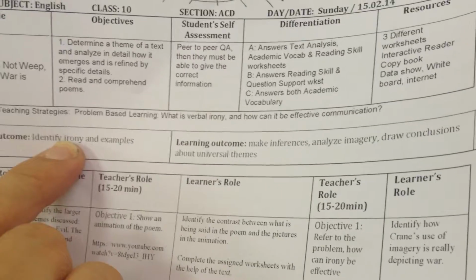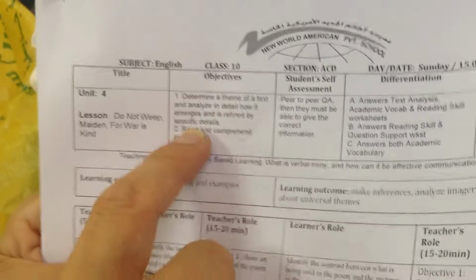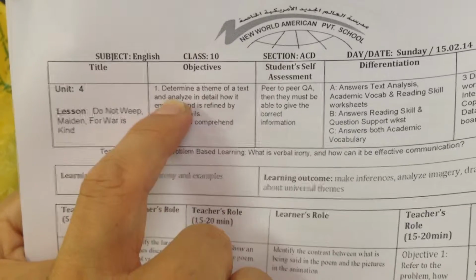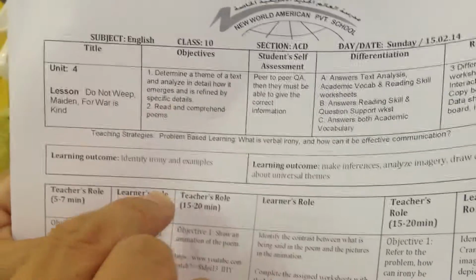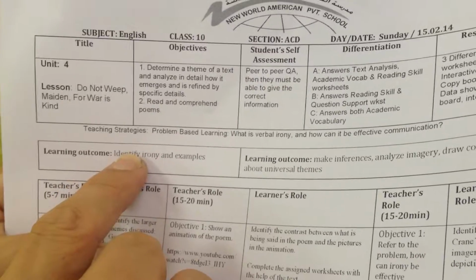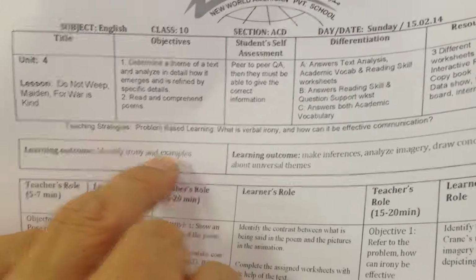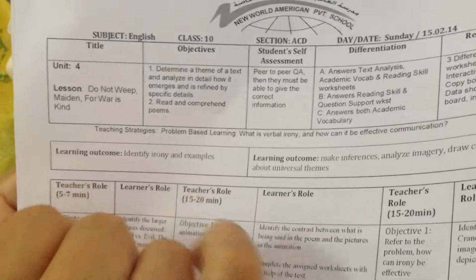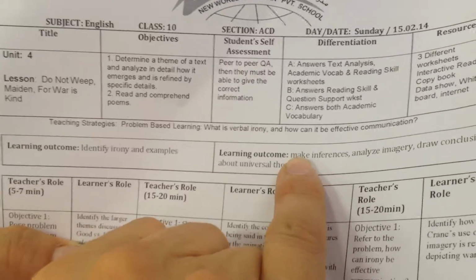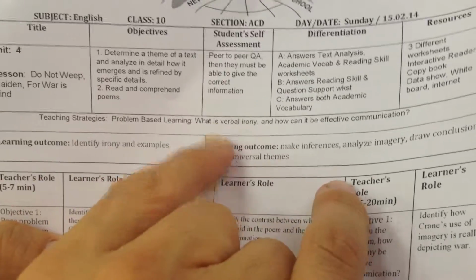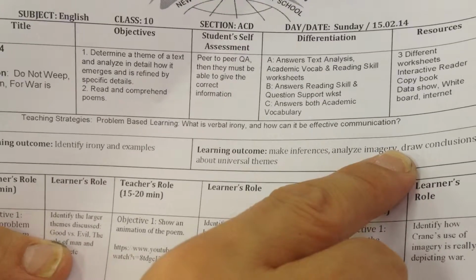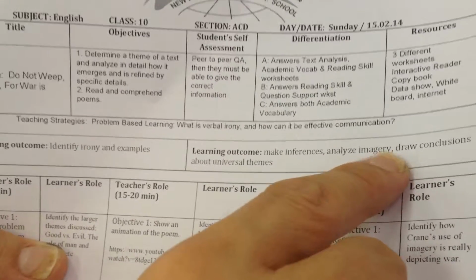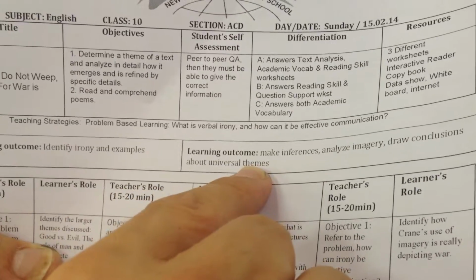The outcomes. Now, to be able to accomplish these objectives, to determine the theme of a text and analyze in detail how it merges and is refined by specific details, they need to be able to know what irony is and find examples in the text. Okay? And then to be able to read and comprehend poems, they've got to make inferences, analyze the imagery of what picture the author is painting with words, and draw conclusions about universal themes.